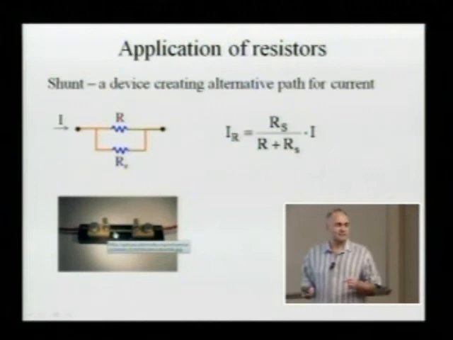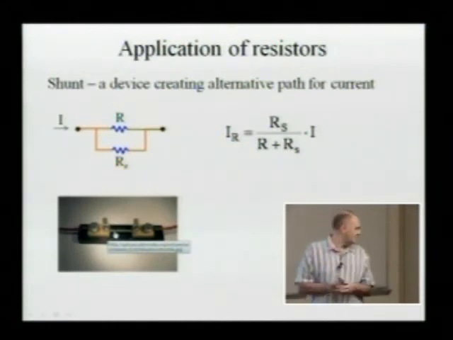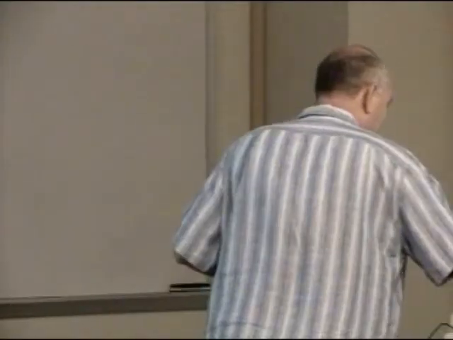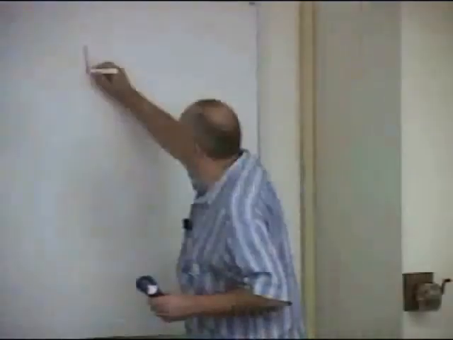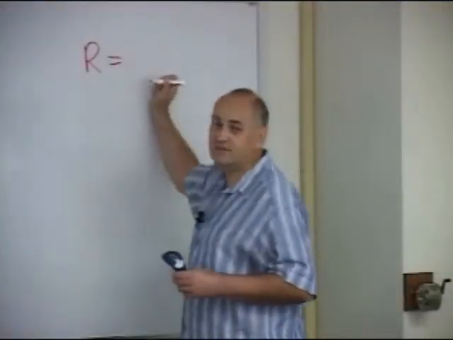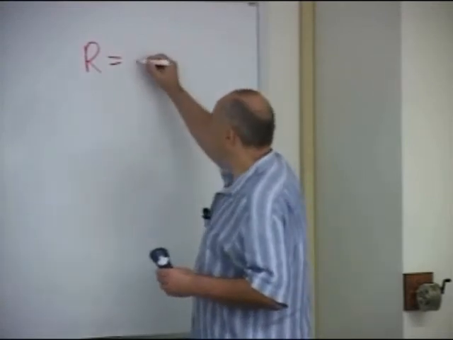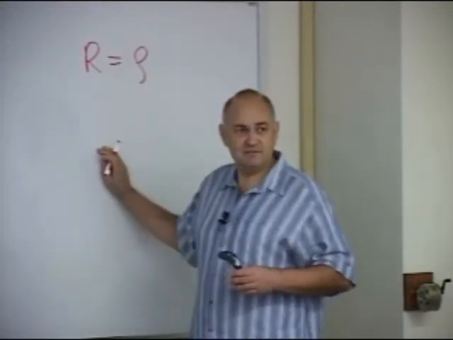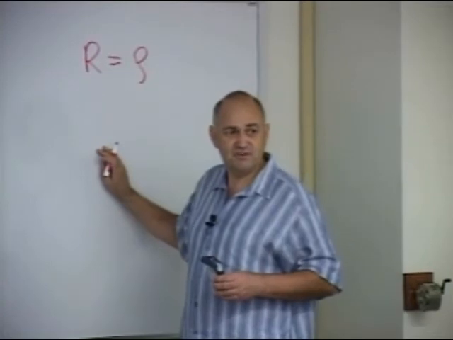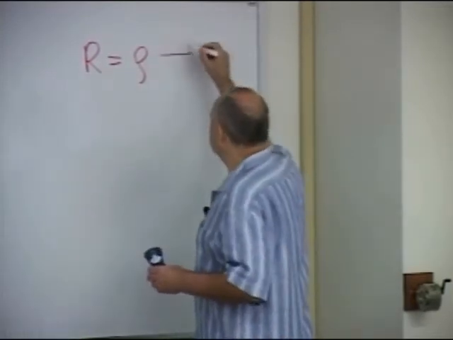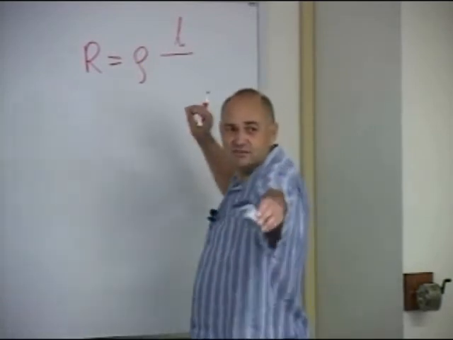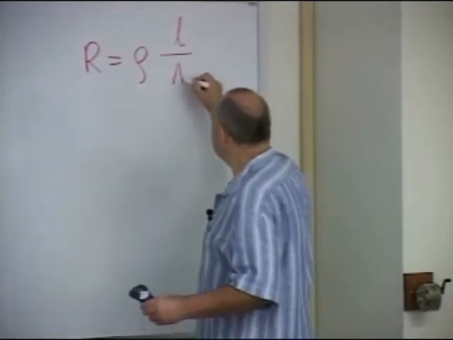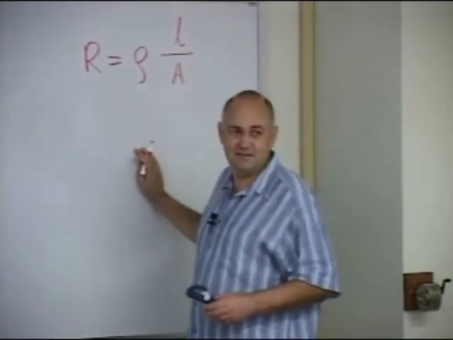Recall that resistance, when we make a resistor, how about if I write it down here? Resistance of a resistor depends on the material, on resistivity of the material. It's proportional to resistivity of material. It is proportional to the length of that resistor and inversely proportional to the area.